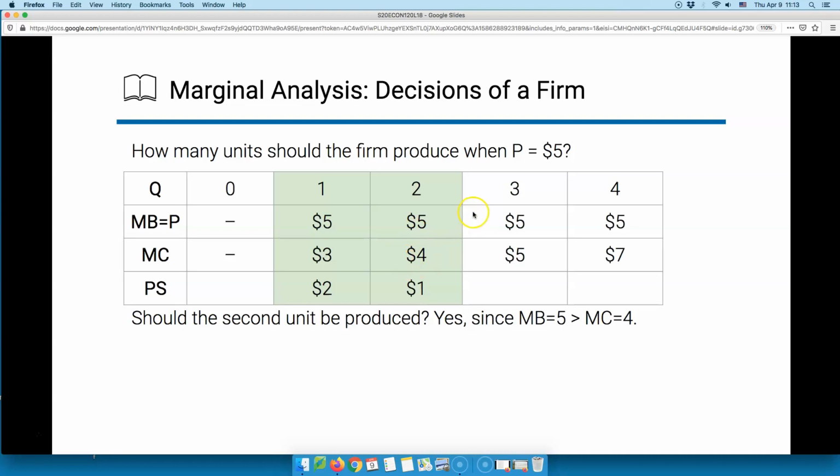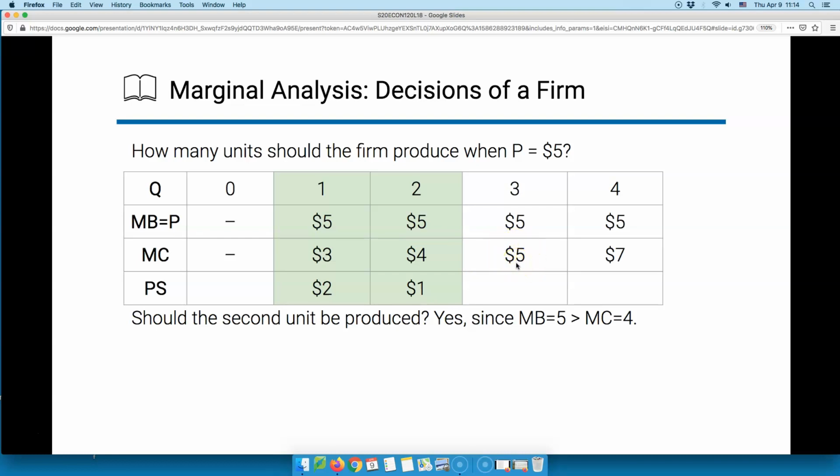What about the third unit? This is the borderline case where the marginal benefit and marginal cost are the same, and so technically the firm should be indifferent between producing and not producing, but the usual answer is yes, the third unit should be produced as well, because marginal cost always incorporates the opportunity cost of production.